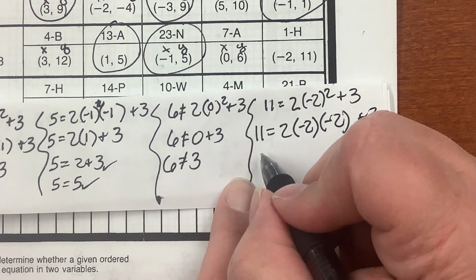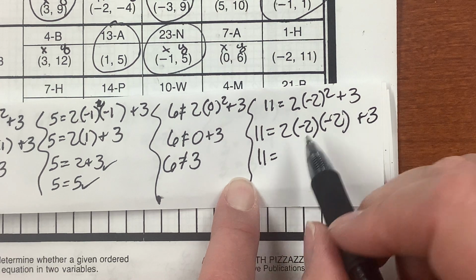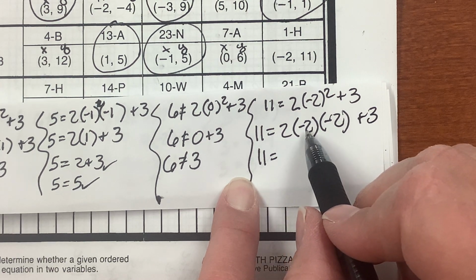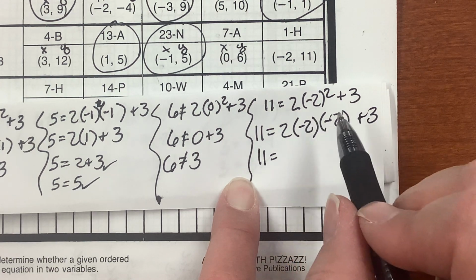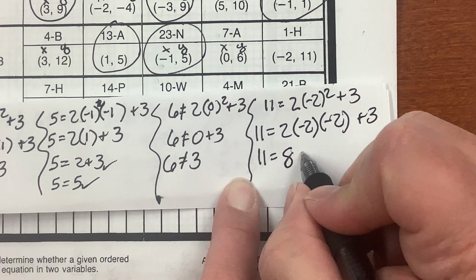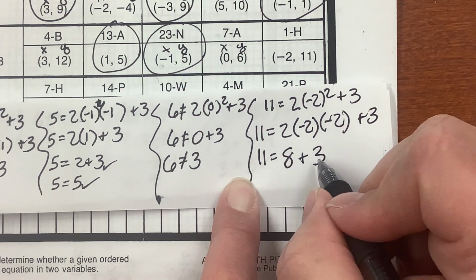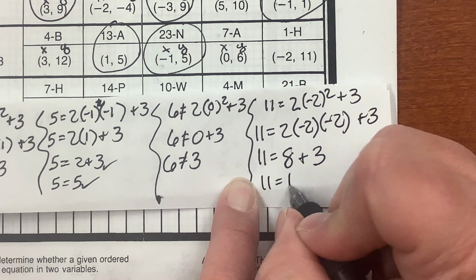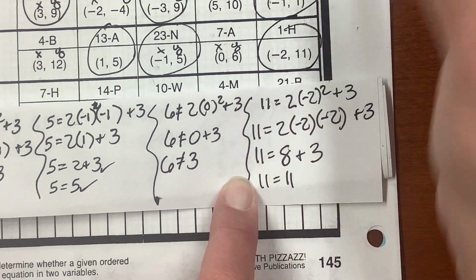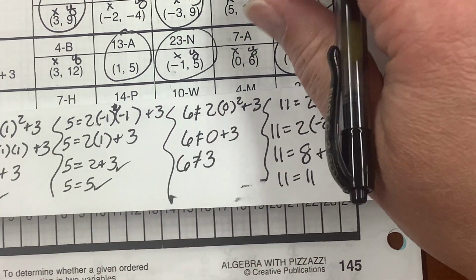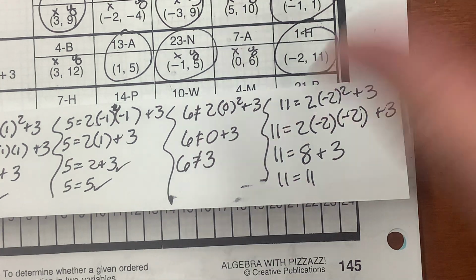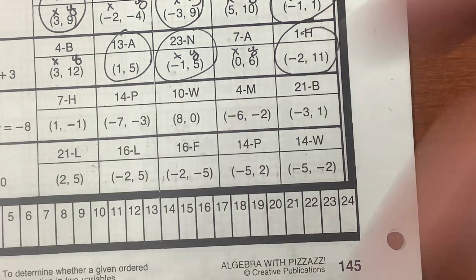All right. 11 equals 2 times negative 2 is negative 4. Negative 4 times negative 2 is positive 8 plus 3. 8, 9, 10, 11. Yep, 11 equals 11. That one worked. And as long as you remember that squared means the number times itself, you should be fine.